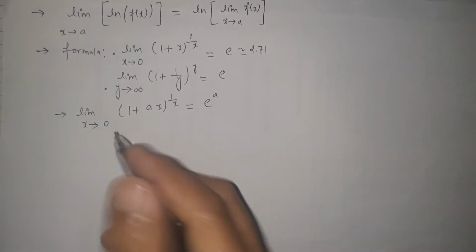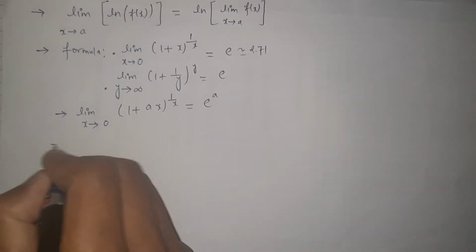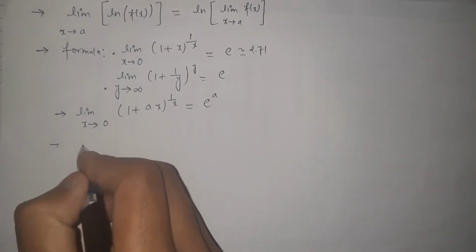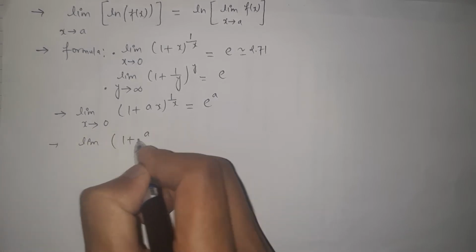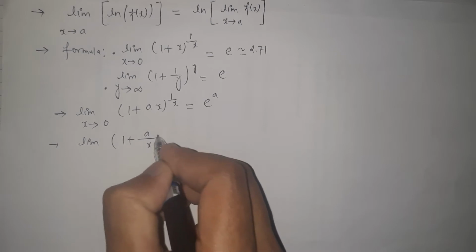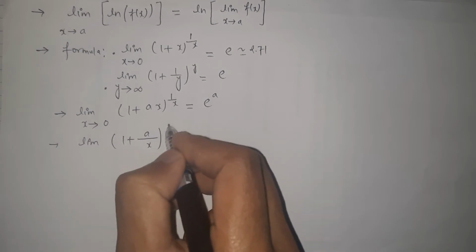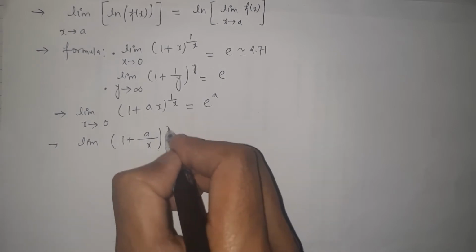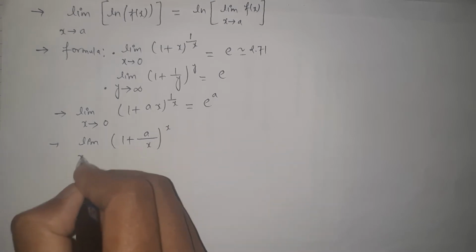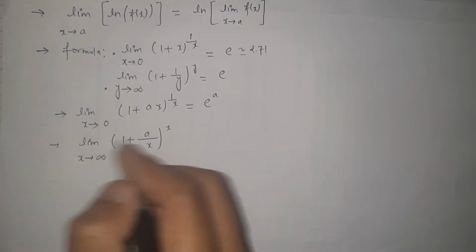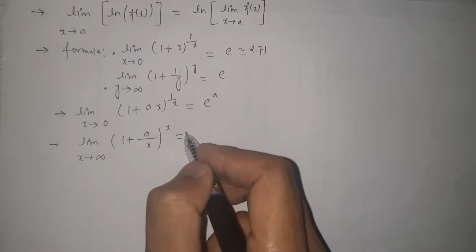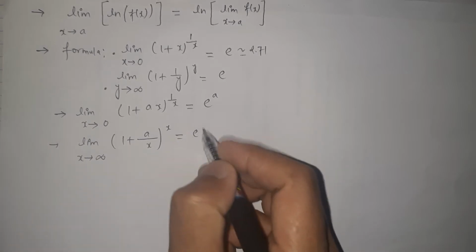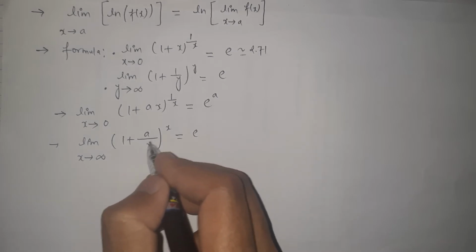Please memorize this formula. Similarly, in the infinite case, when x approaches infinity, the limit of 1 plus a over x to the power x, this is the infinite case, and in this situation the value will be e to the power of the coefficient of 1 over x.